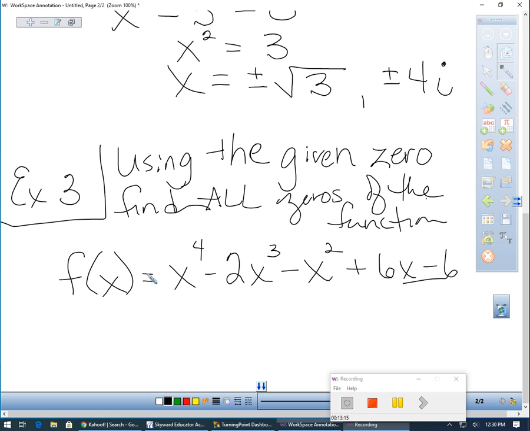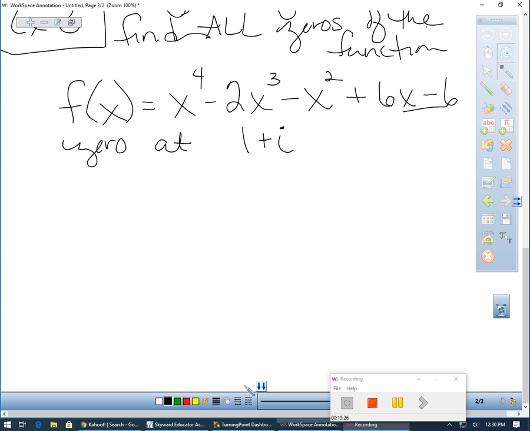And we have a 0 at 1 plus i. You're close. It'd be 1 minus i, yes. So it's plus and minus, right? Goes in the middle.